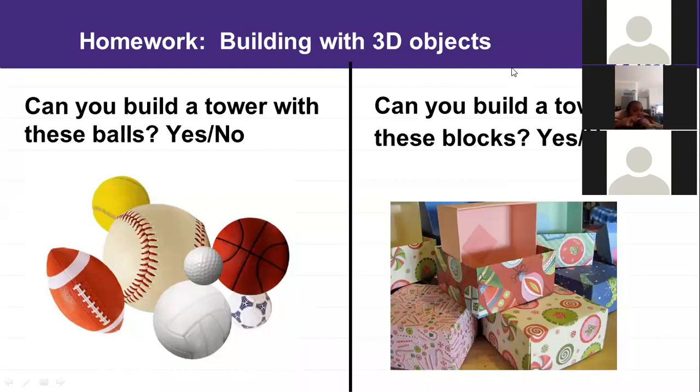Okay, and if our blocks are the same shape, like here we've got mostly squares and mostly rectangles, can we actually build a tower with them? What do you think?